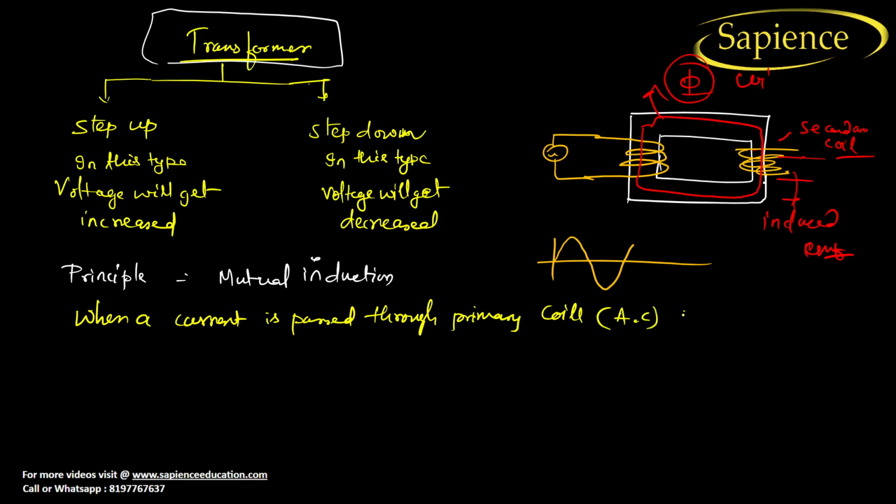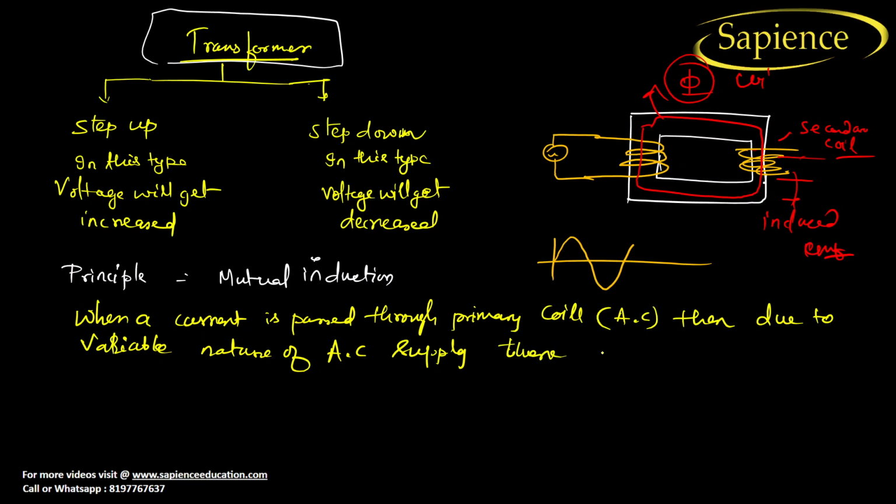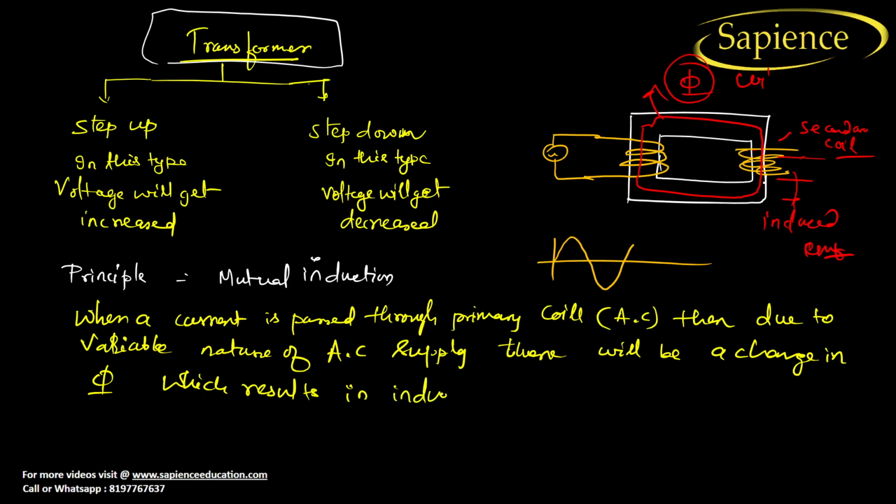AC current, then due to the variable nature of the AC supply, there will be a change in flux, which results in induced EMF in the secondary coil.